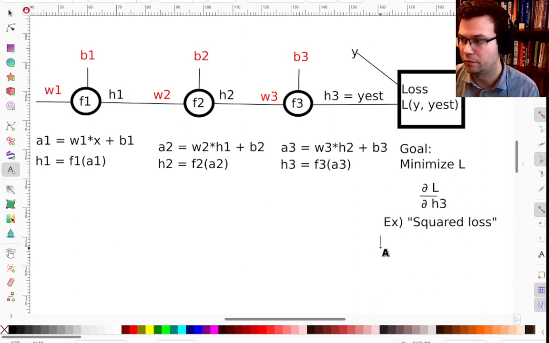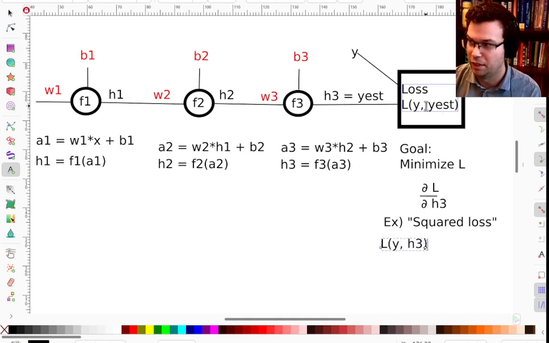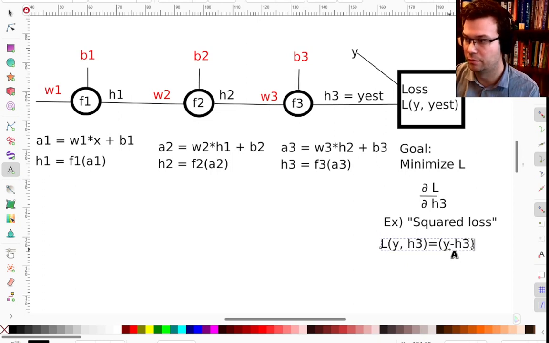So here the loss function would be between y and h3, which is the same as y estimate. I just wanted to make clear that they were the same. That loss is going to be the square of the difference between y and h3.